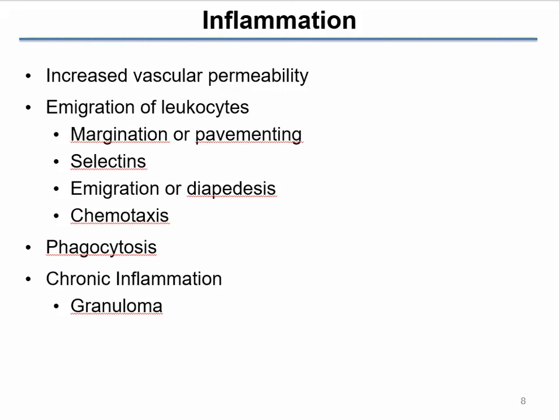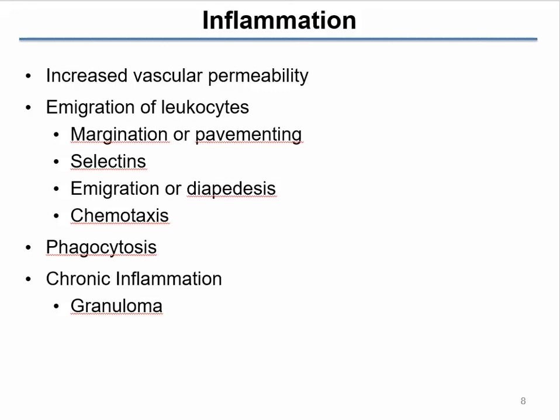There are chemicals called selectins that help these leukocytes get across and out into the tissue, into the interstitium. The process of actually getting across we call diapedesis, or to step across, step through: dia, through; ped, foot.